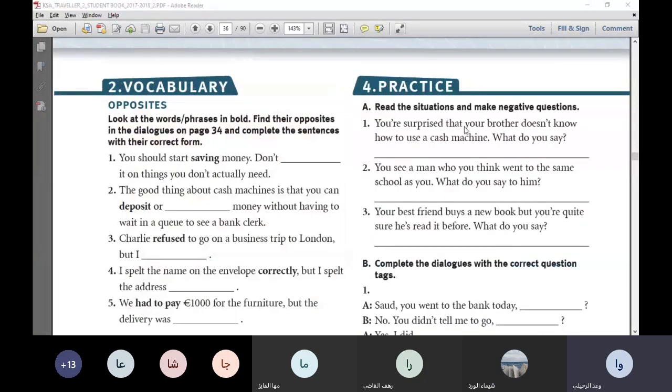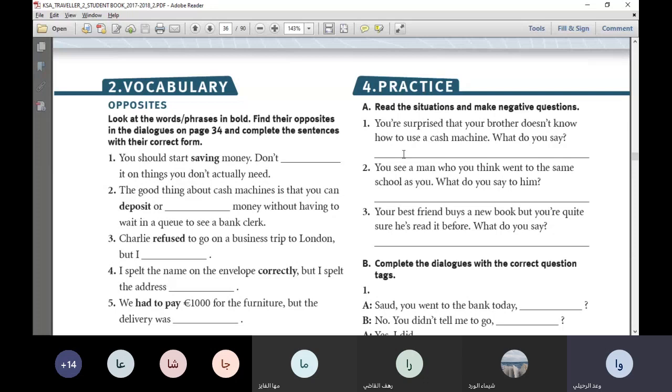There is a situation, and you're going to make up a negative question using the situation. For example, you're surprised that your brother doesn't know how to use a cash machine. What do you say? Form a negative question that describes that you're surprised that your brother doesn't know how to use a cash machine.